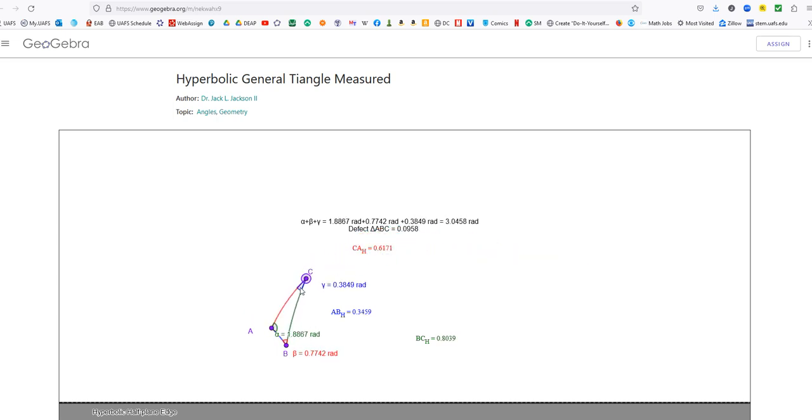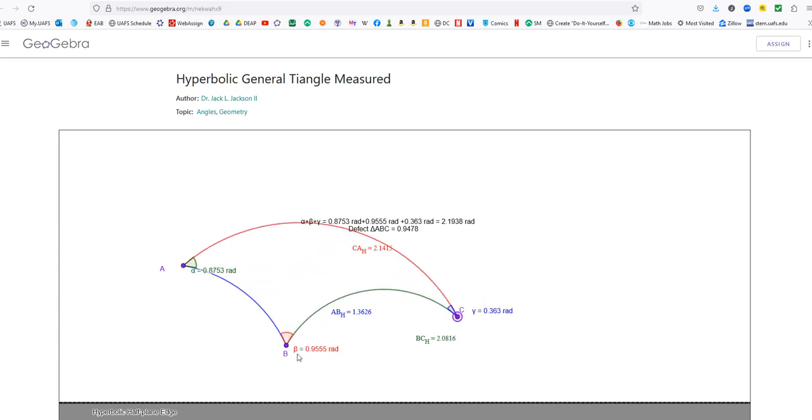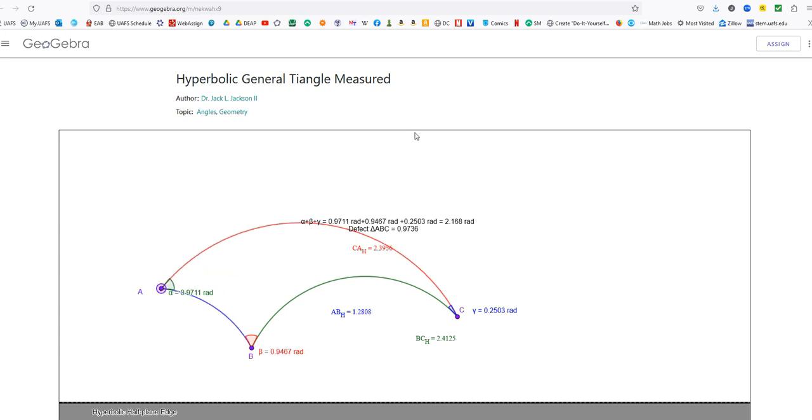If we make it really small, we can get this to be kind of small, but it's never quite going to be pi. Getting close, but not quite. It's always a little bit under. So no matter what we do, our hyperbolic triangles work out to have a sum less than pi, less than 180 degrees.